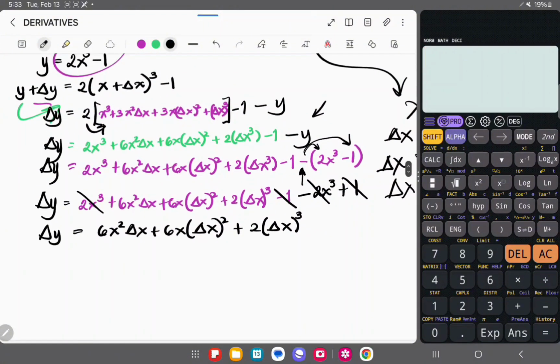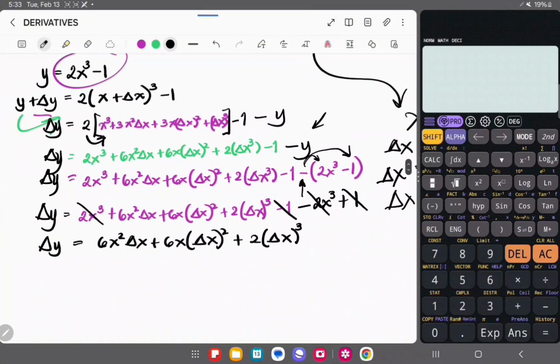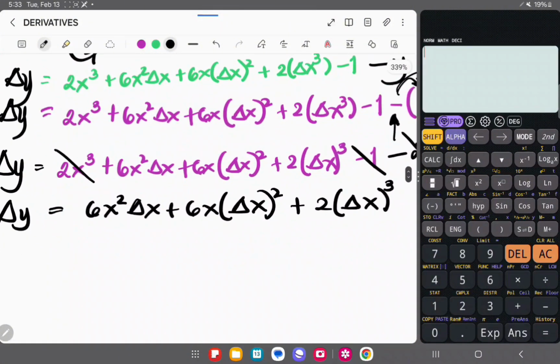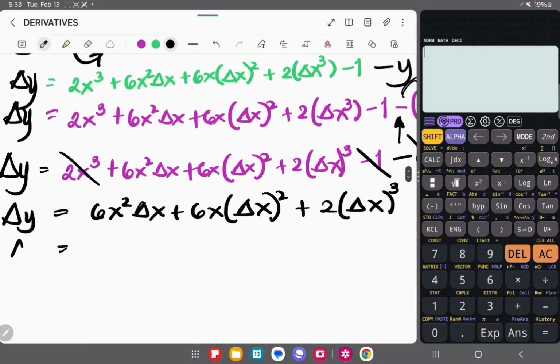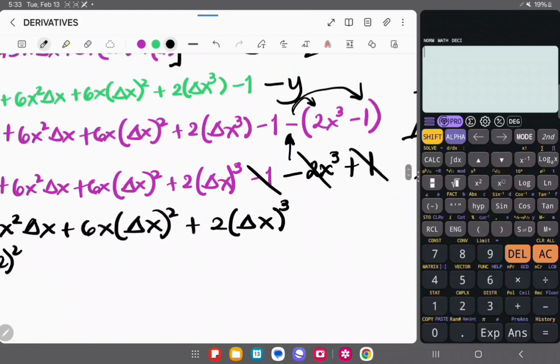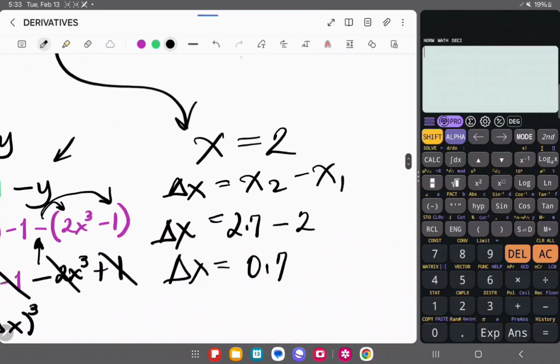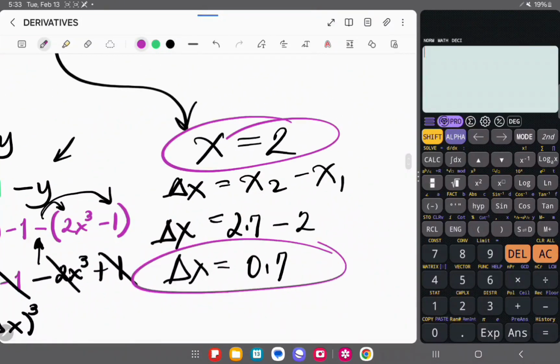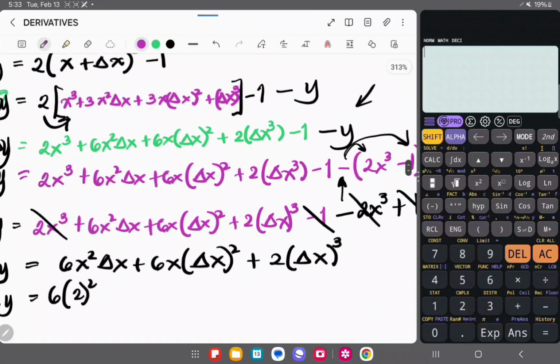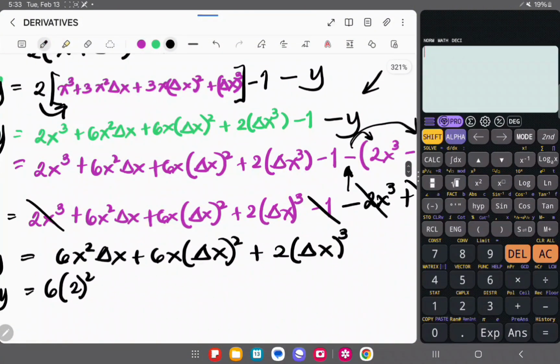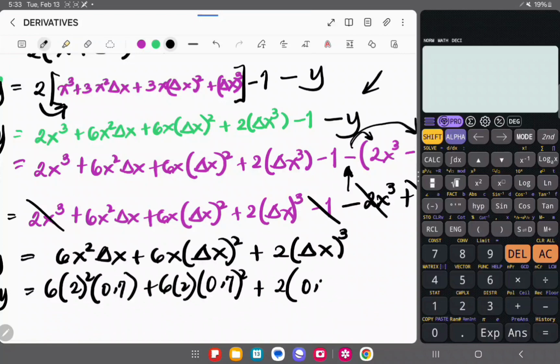Now, let's just substitute these values, 2 and 2.7, to our final equation. So the change of y is 6 times 2 squared, our x is 2, and our change of x is 0.7, plus 6 times 2 times 0.7 squared plus 2 times 0.7 cubed.